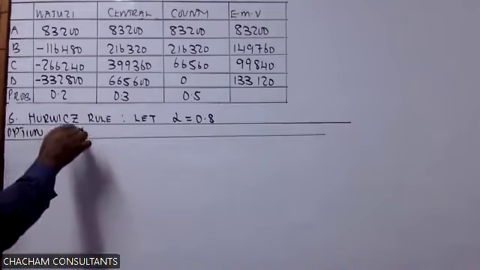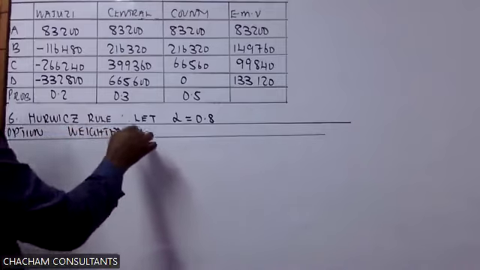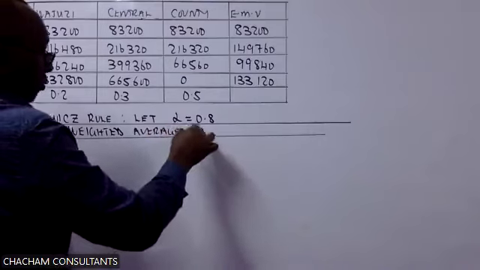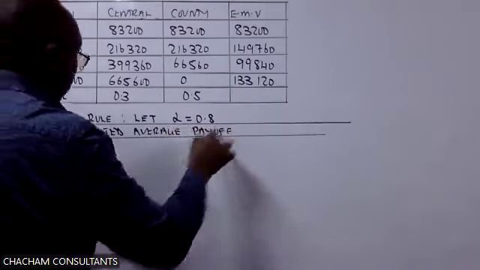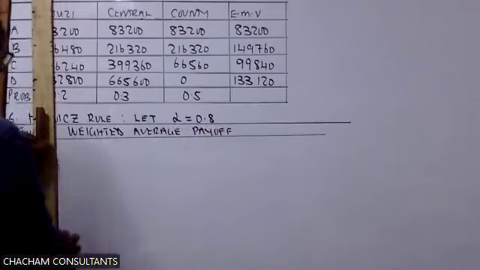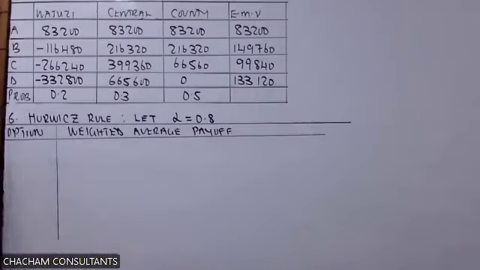Then we will have something called the weighted average payoff. So the weighted average payoff, when we start with A, the formula is in the notes that I gave you.